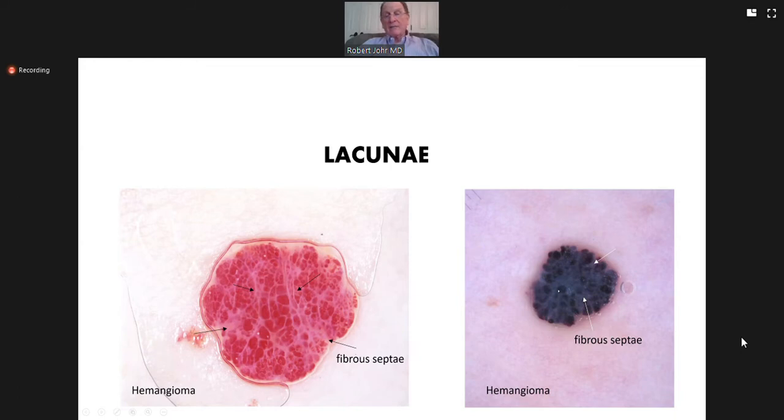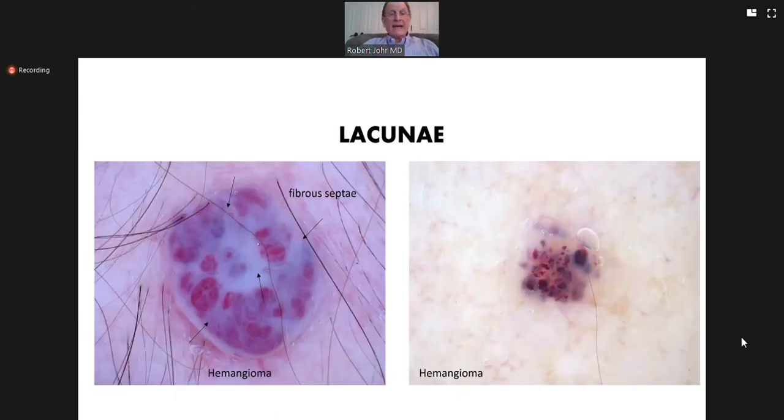It might be bright red if the vascular spaces are superficial, and if they're deeper in the skin, they will be darker. And here we have other well-defined vascular spaces and some fibrous septa. And here we have well-developed sharp lacuna.